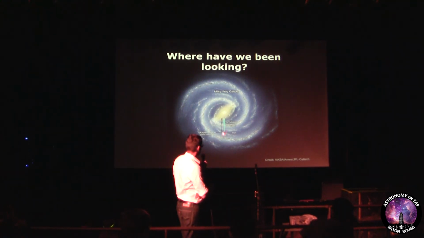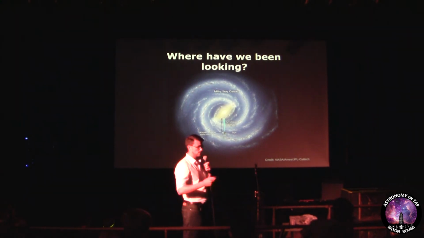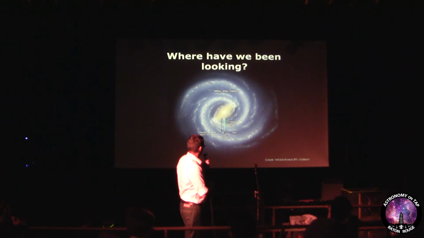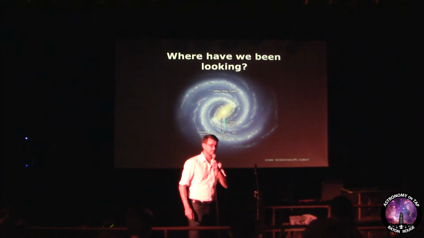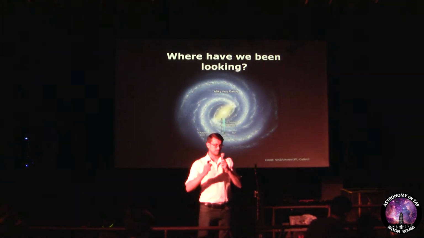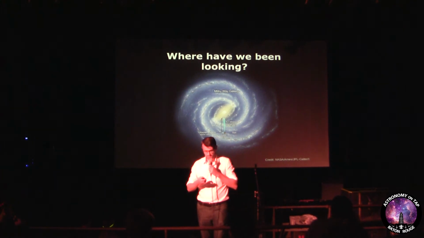Our sun lies between two spiral arms, around 30,000 light years from the galactic center. And 1,000 light years represents roughly this yellow circle you can see there. So it's a tiny, tiny fraction of stars where we have looked for planets so far.